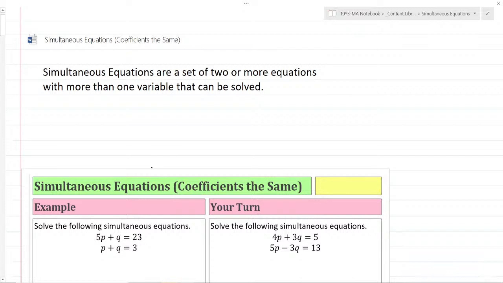So let's just write down a little sentence. Now, we know what the word solve means, so let's just talk about how we solve simultaneous equations.